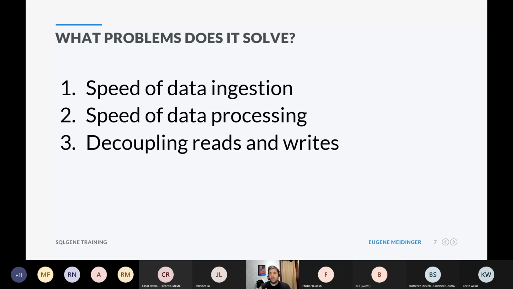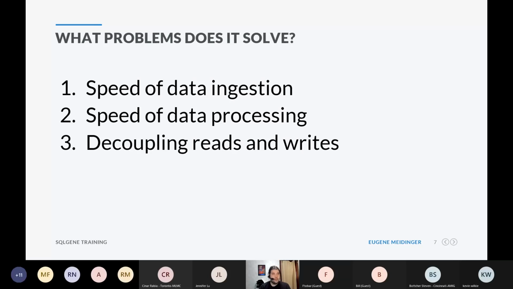And so you can imagine that situation, but you can also imagine a situation where you want to make your environment more robust, make it easier to spin up applications or containers or what have you. And so you don't want to have the writes happen at the same time as the data is processed. You might want to be able to write the data as soon as it comes in and have some stuff that processes it immediately and have some stuff that maybe processes it a day later.